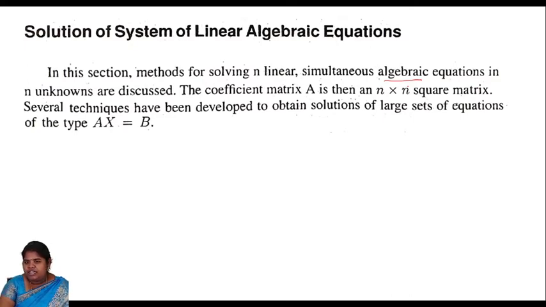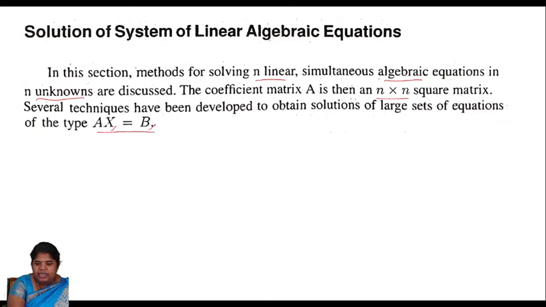Here we are discussing n linear simultaneous algebraic equations in n unknowns. The coefficient matrix A is an n cross n square matrix, the variable matrix is x, and the constant matrix is b.